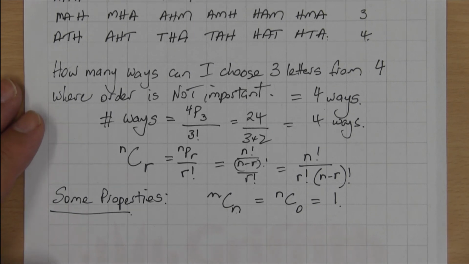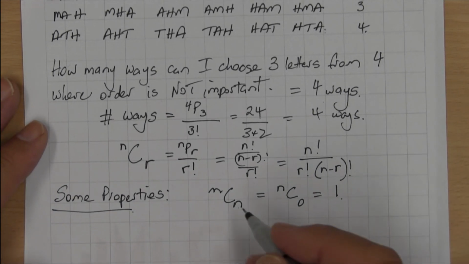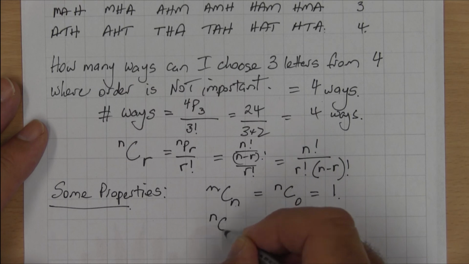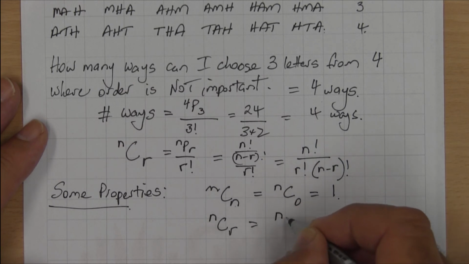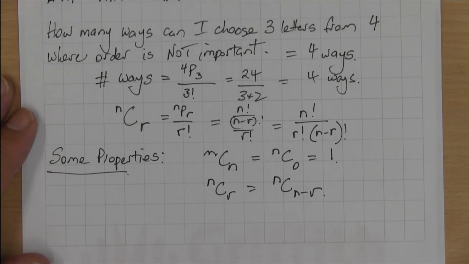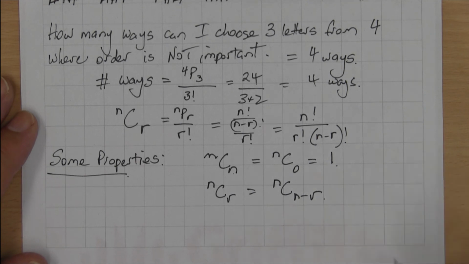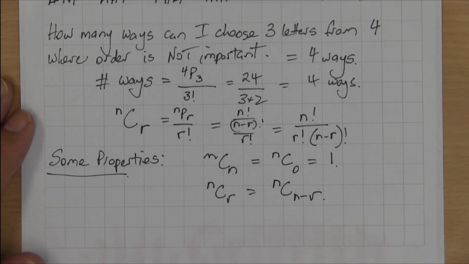You're going to take n objects from n objects and order is not going to be important. There's only one way you can do that. And another property is NCR equals NC n minus R. Alright, I give those with no proof at this stage, but it will come in handy with doing calculations.